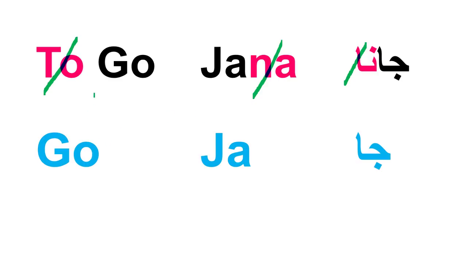We need the root of the verb to use this verb in any sentence. To get the root of the verb, we cut "to", which is na, and it will become ja. So go is ja. Let's see another verb, which is come. To come is the infinitive verb ana.